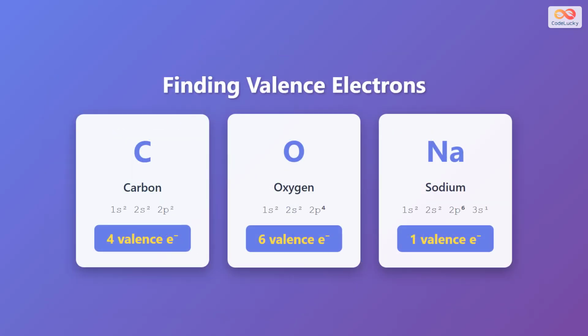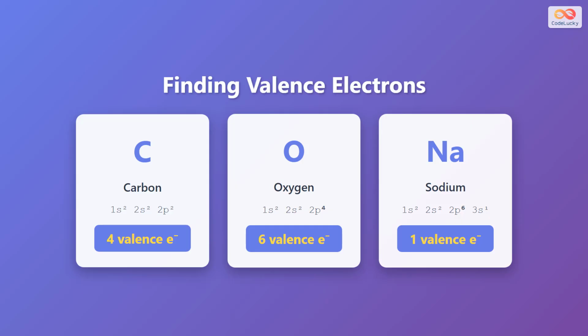Let's look at some examples to see how we find valence electrons. Take carbon. Carbon's electron configuration is 1s2, 2s2, 2p2. The highest energy level here is level 2, and if we count the electrons in that level, we have 2 electrons in the 2s orbital and 2 in the 2p orbital, giving us 4 valence electrons. Oxygen has the configuration 1s2, 2s2, 2p4.